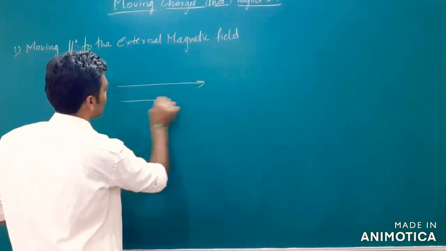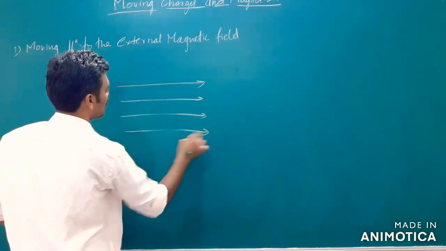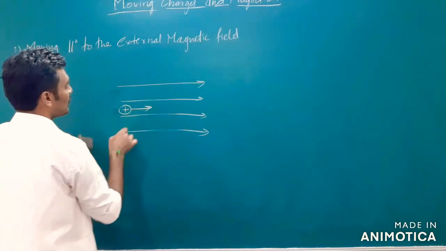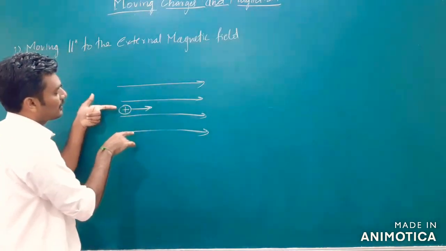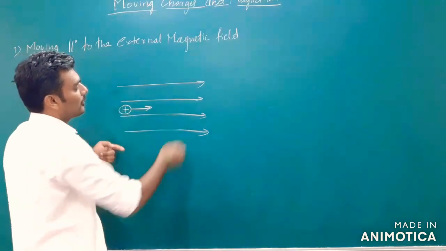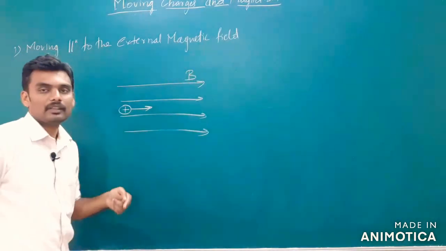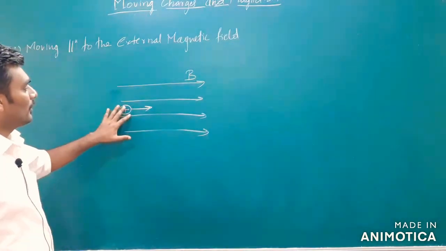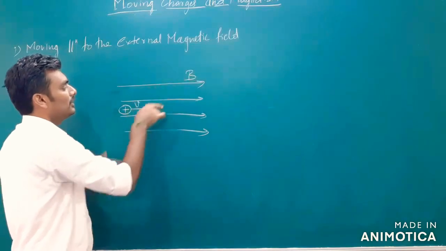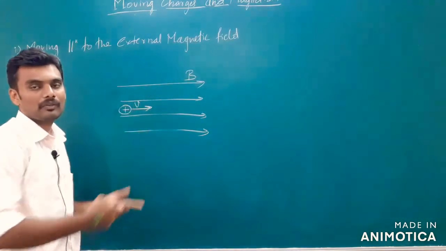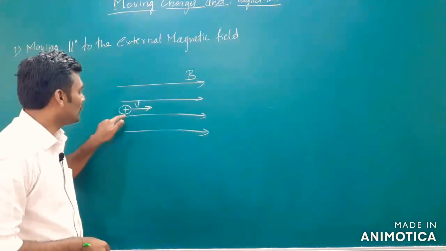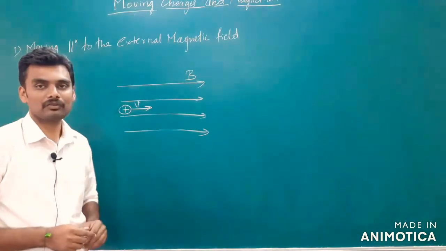Say this is the external magnetic field set, and this is how a charged body enters this field such that the direction of velocity of the charged body is parallel to the external magnetic field. In this situation, the direction of V and the direction of B are the same. The angle between them is 0, which means this charge will not experience any magnetic force, isn't it?